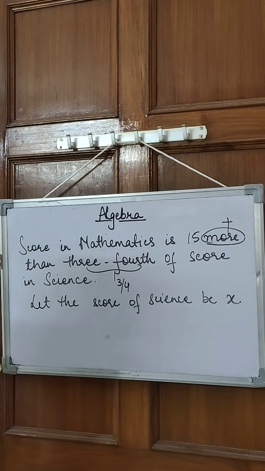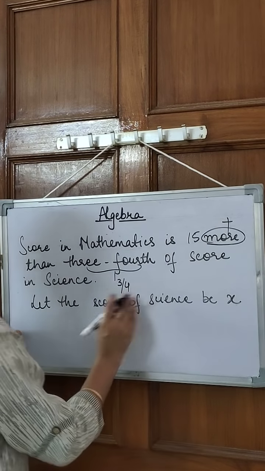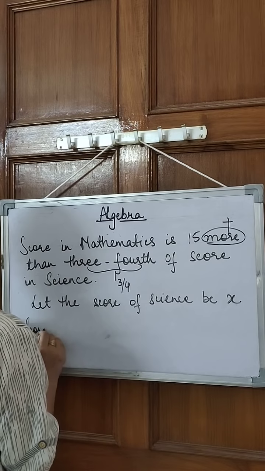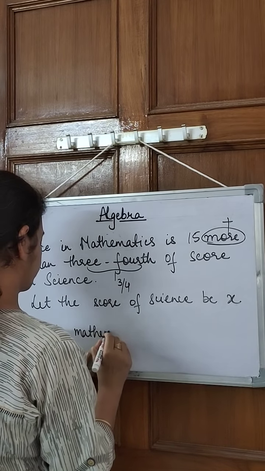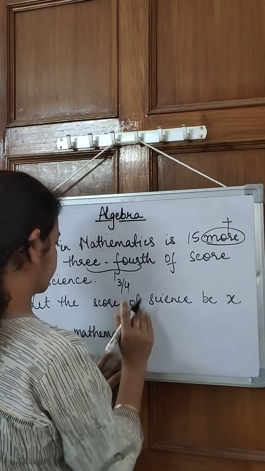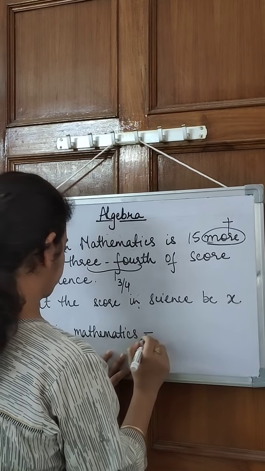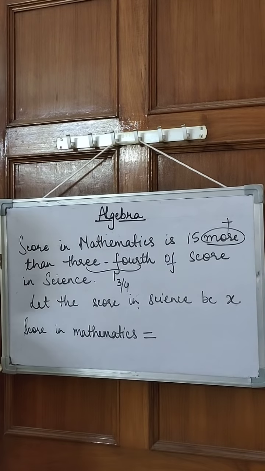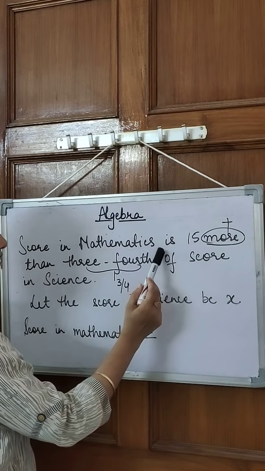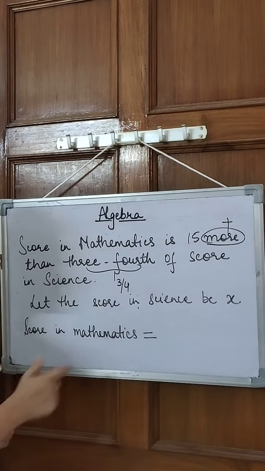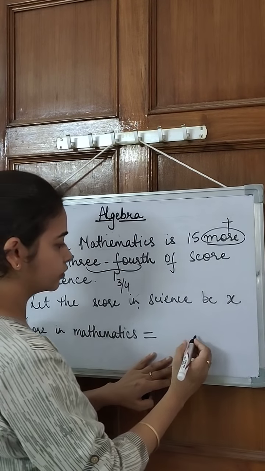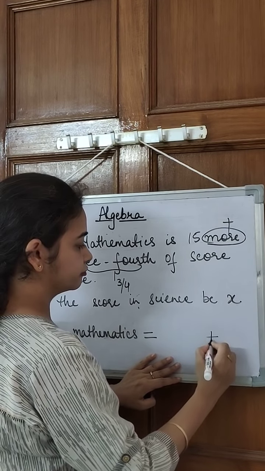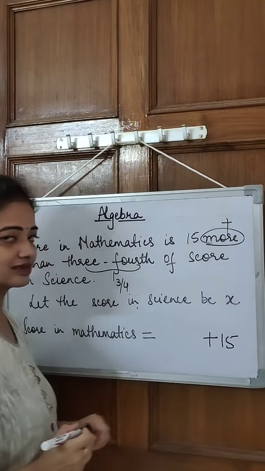Then you have to find out the score in mathematics. So there is a relation which says that mathematics marks is 15 more. So this 15 more is a very easy thing that I can write: 15 more means plus 15.